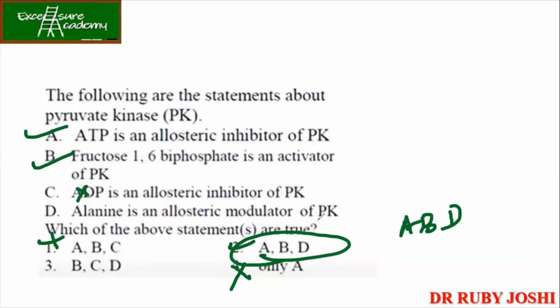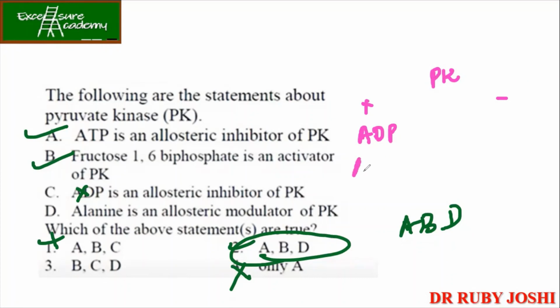Okay. अभी सेम वे एक नोट की तरह बना लो इसको. Let me just write it for you. See, ये हो गया PK, pyruvate kinase, plus and minus. तो प्लस मतलब एक्टिवेटर, माइनस मतलब इनहिबिटर. So plus मतलब ADP is going to activate pyruvate kinase का एक्टिविटी.